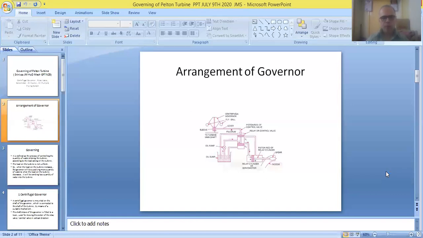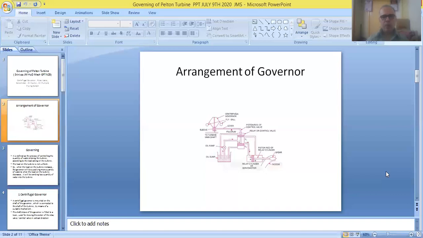Depending upon the requirements, it will be supplying high pressure oil either from the left hand side of the servomotor or from the right hand side. This way it is used for operating the piston of the servomotor in forward and backward directions.